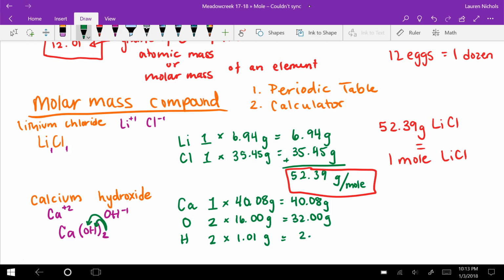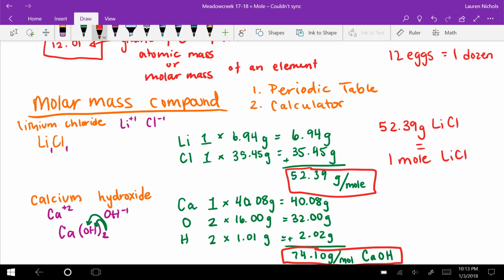And then I will have 2.02 grams. And then I add them all together, and I have 74.10 grams of calcium hydroxide. And the key thing that I forgot to write is that it's grams per mole of calcium hydroxide. And that would be our final answer there.